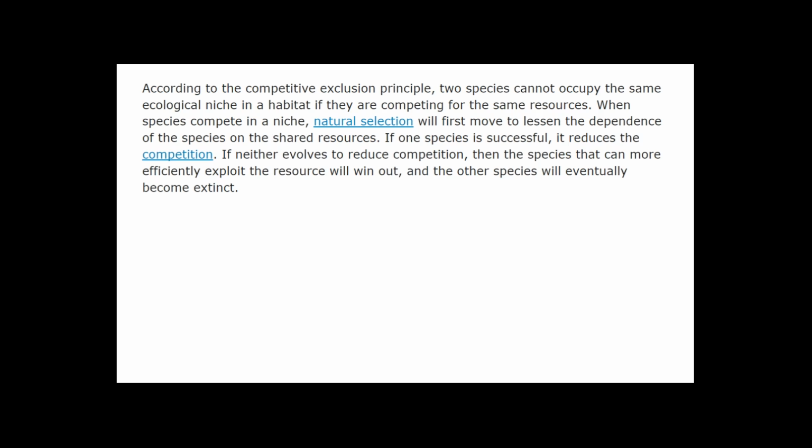If they compete directly, one species will either be eliminated or forced to occupy a different niche. If one species is successful, it reduces the competition. If neither evolves to reduce competition, then the species that can more efficiently exploit the resource wins out, and the other species will become extinct.